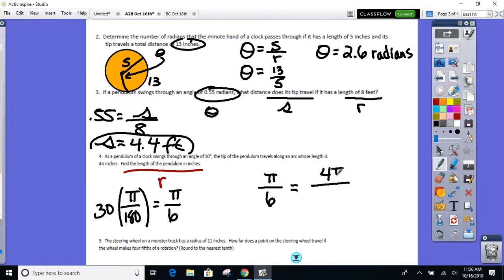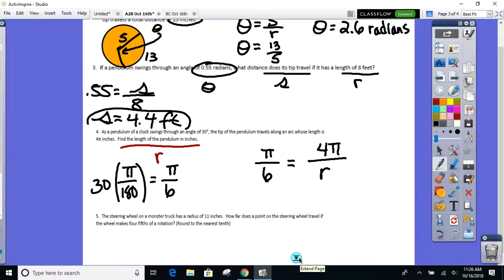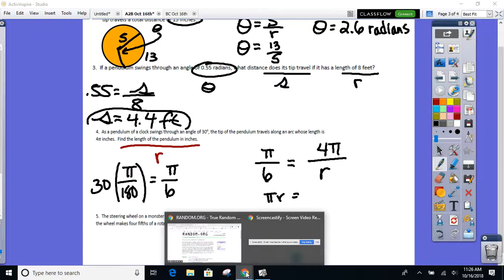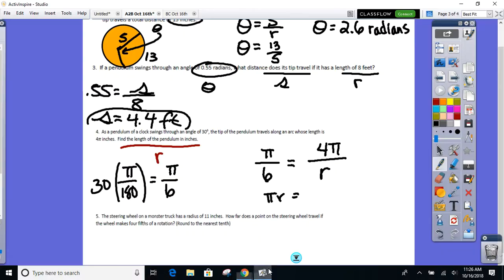So 4 pi over R. You can go right to the calculator if you want. We can cross multiply. So pi times R equals, what am I going to have on the right side when I multiply 6 and 4 pi?